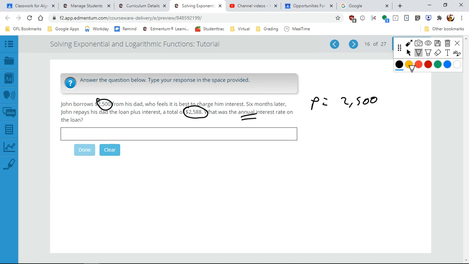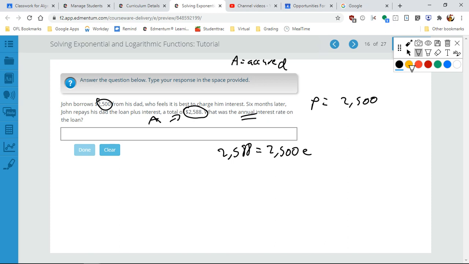The way we would calculate this is this ends up being our A, our accrued. A stands for the accrued, so everything that we got after it. So this is going to be 2,588 equals 2,500, which is our P, and we have our e.